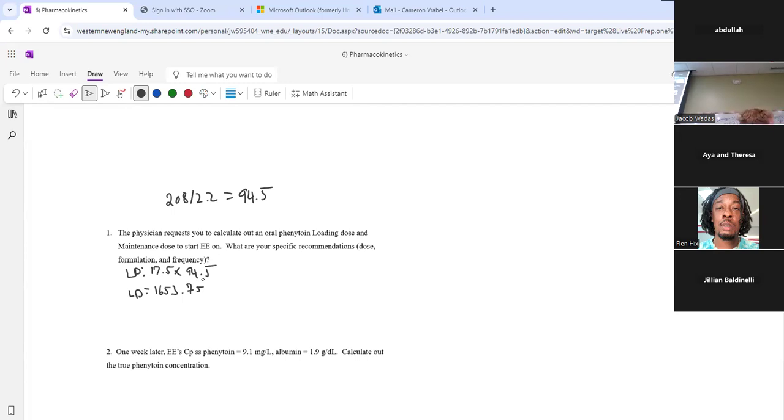So when doing a loading dose for phenytoin, we have to make sure that it's in a denomination that we can give with either the chewable immediate release tablets or the suspension. So for this instance, just to make it easier for the dosing, we'll do 1600 milligrams.